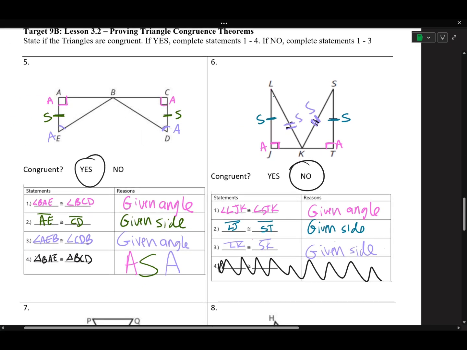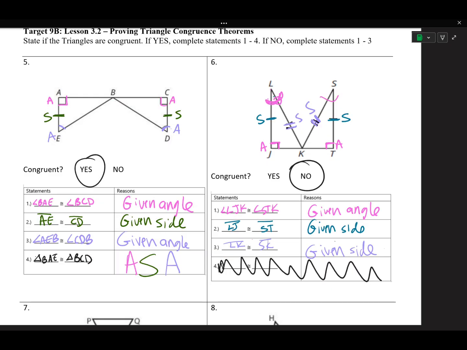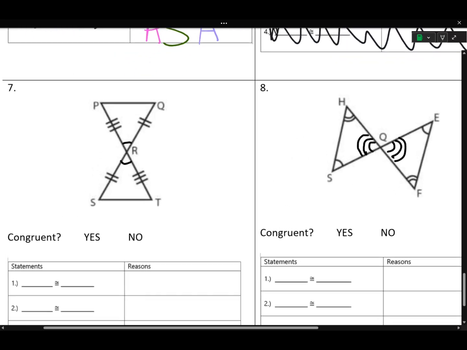Ooh, I wanted to mention, in number 6, if this was to be congruent, the angle should have been right here. The angle for side angle side must be in between the two sides.